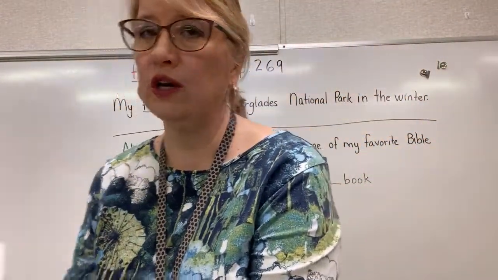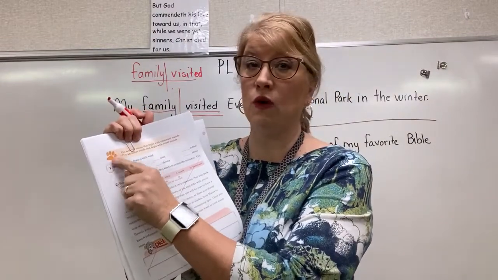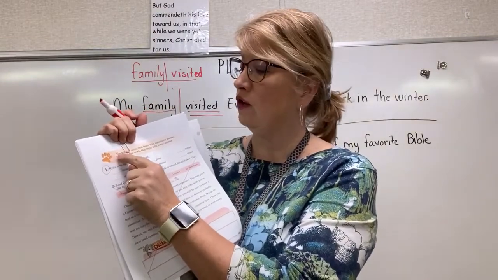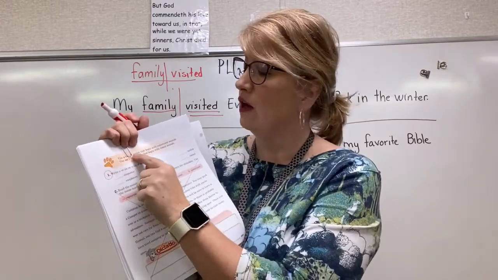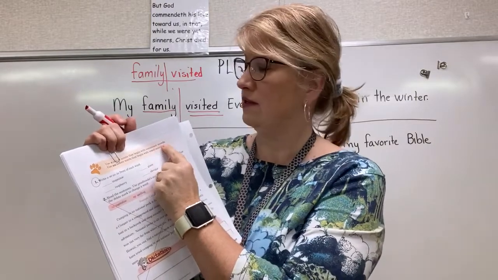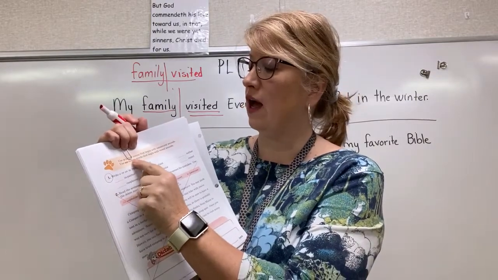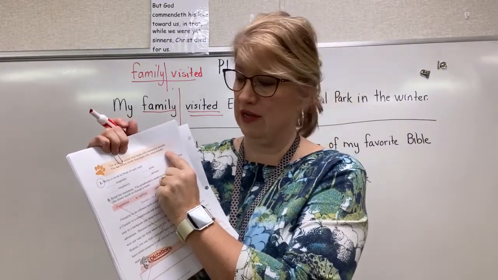Now, if you look at the top of your paper, page 269, you will see the paw print, which tells us what we're learning new today. Use a before nouns, a or whichever you prefer to say, before nouns that begin with the consonant sounds. Use an before words that begin with vowel sounds.